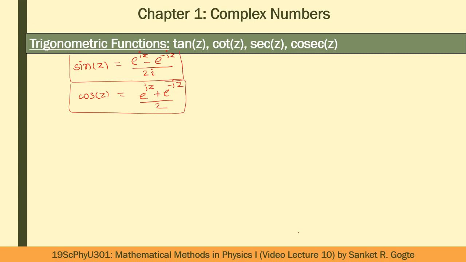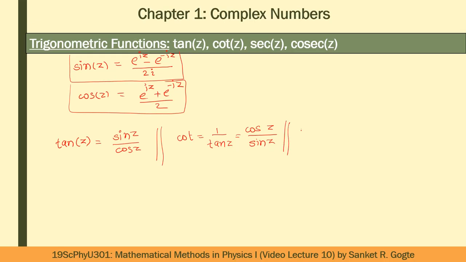Once these two trigonometric functions are defined, then it is easy to define the rest of the trigonometric functions. Tan z is going to be equal to sin z divided by cos z. Cot z is equal to 1 by tan z, which is equal to cos z divided by sin z.